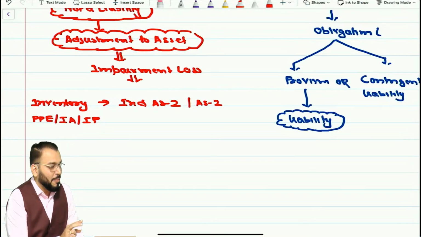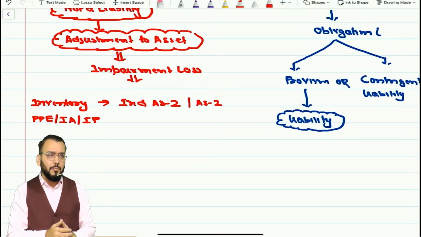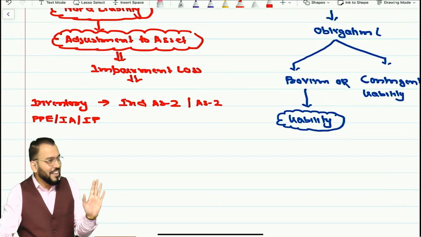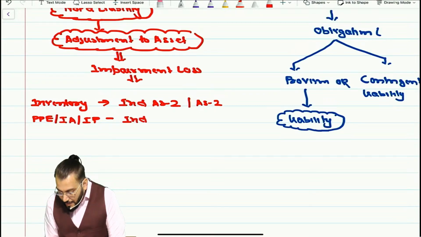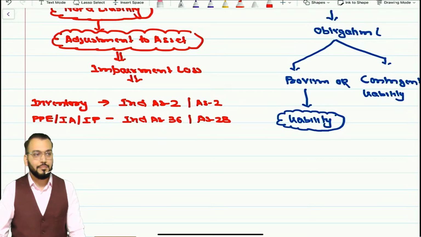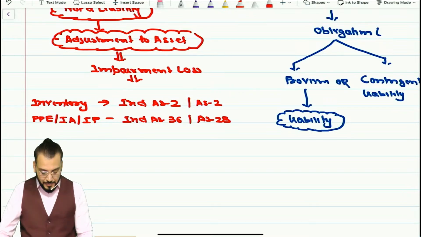You write the full form. For this, impairment loss is covered under Ind AS 36. And there was one AS 28, which was actually not in your syllabus.